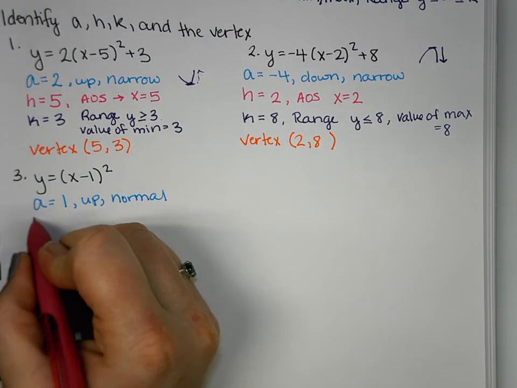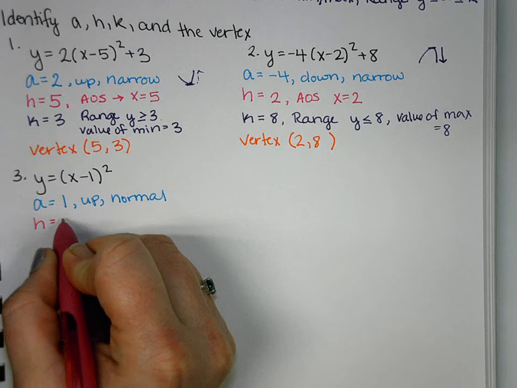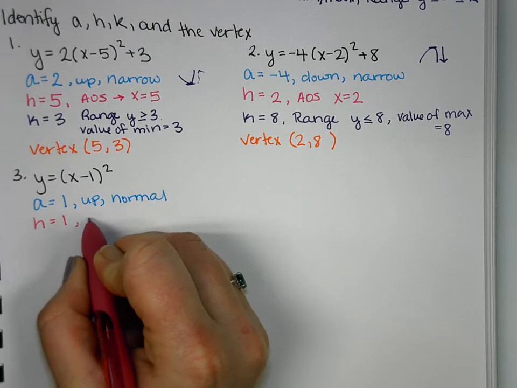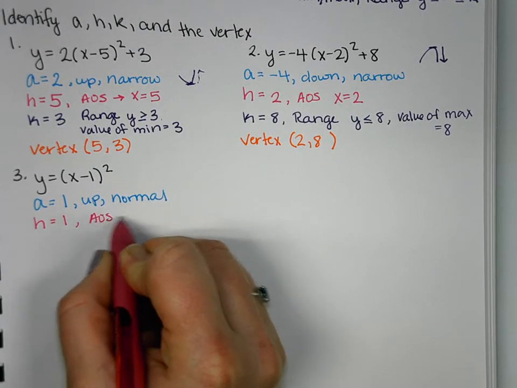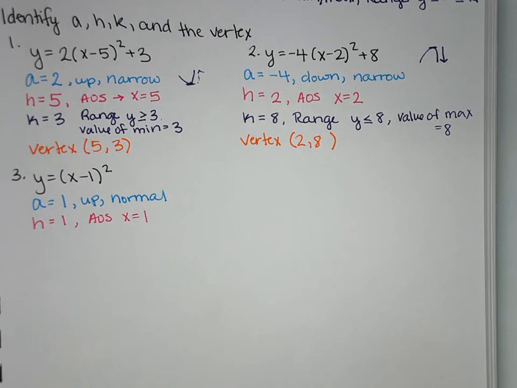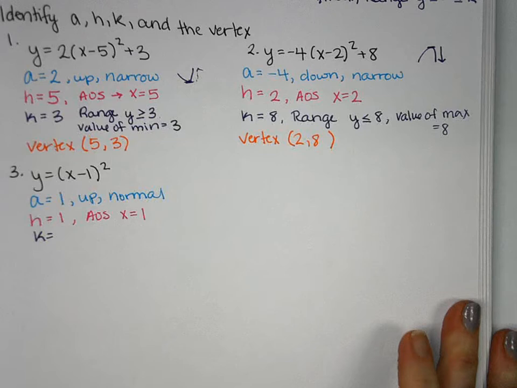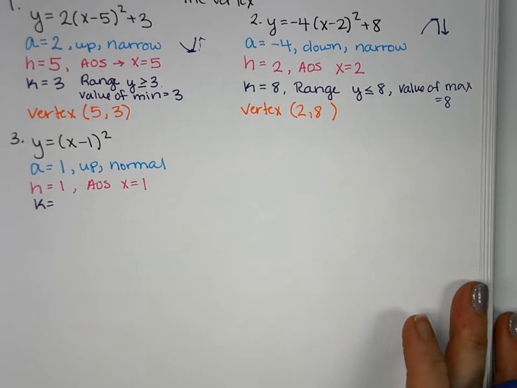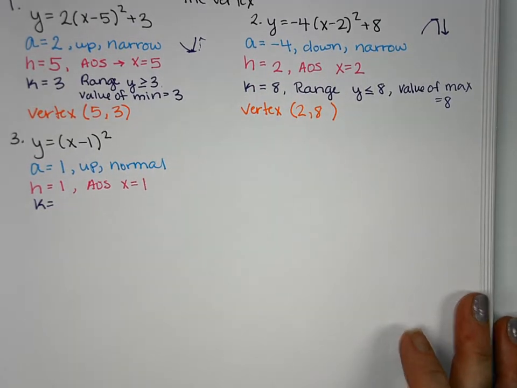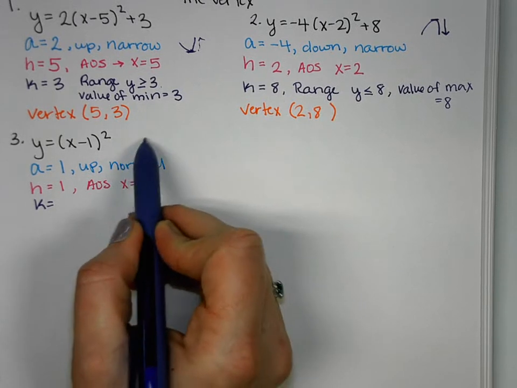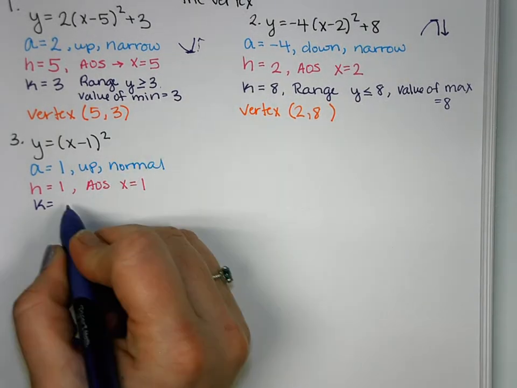What's H? H is 1, so our axis of symmetry is x equals 1. What's K? 0. There's nothing being added, so when there's nothing out here being added or subtracted, it's just 0.